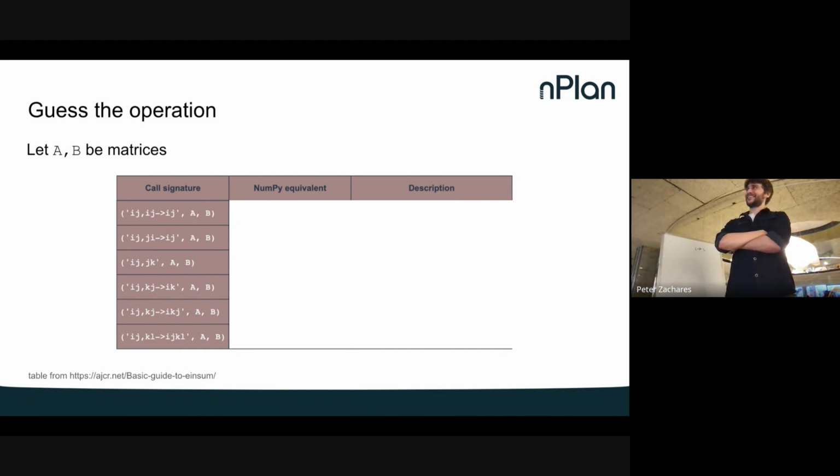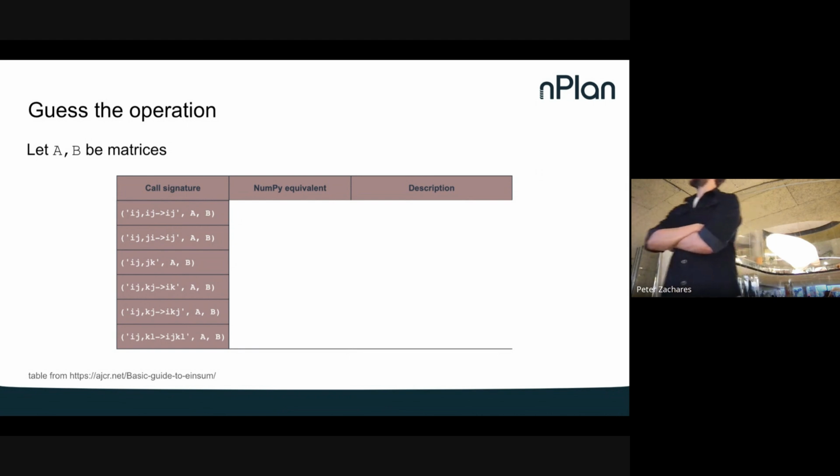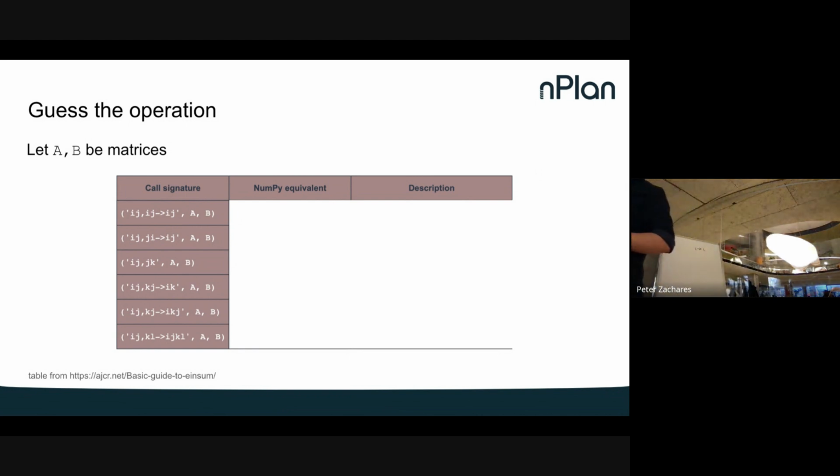Why is it ij at the end? It should be a scalar, but it's exactly the same at the end. It's like the scalar, but broadcast to the whole matrix. So it's element-wise multiplication, but where you transpose the second matrix.